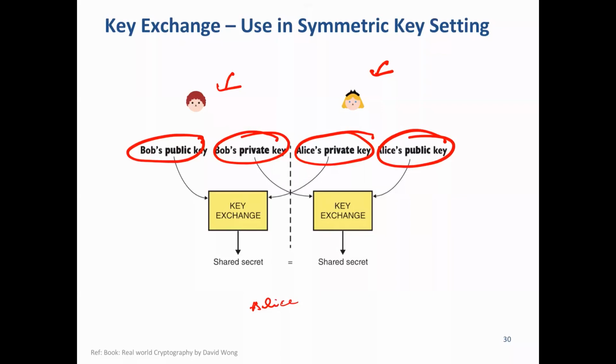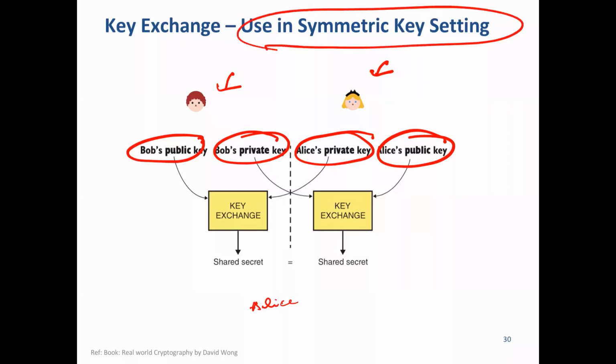what we have seen is that it's a symmetric key setting right now, as we have seen earlier in Diffie Hellman. Using Bob's public key and Alice's own private key, a common key is generated.